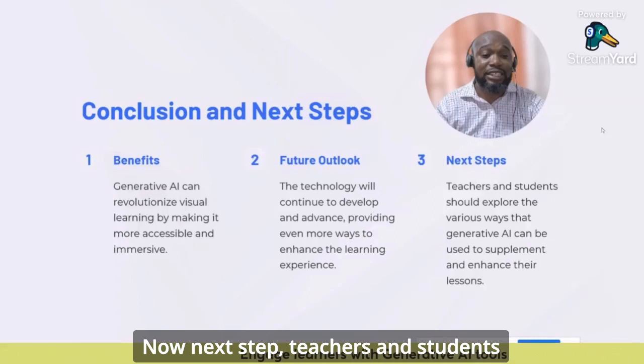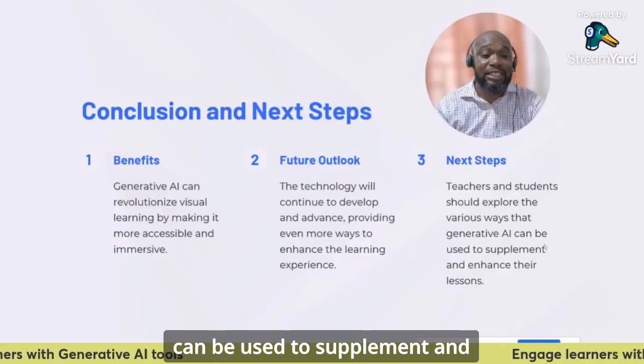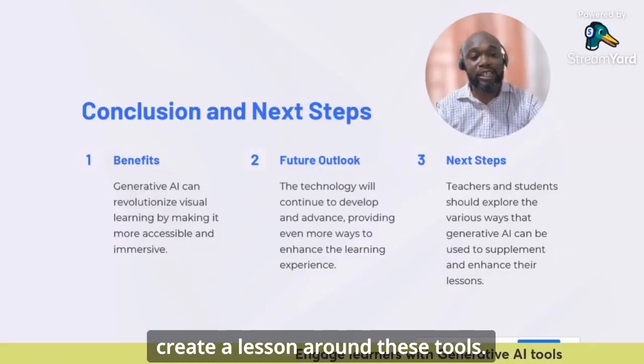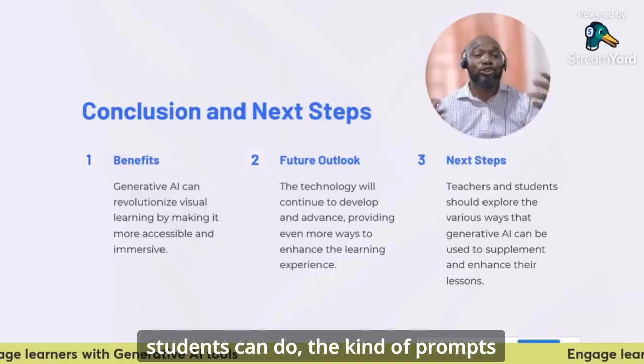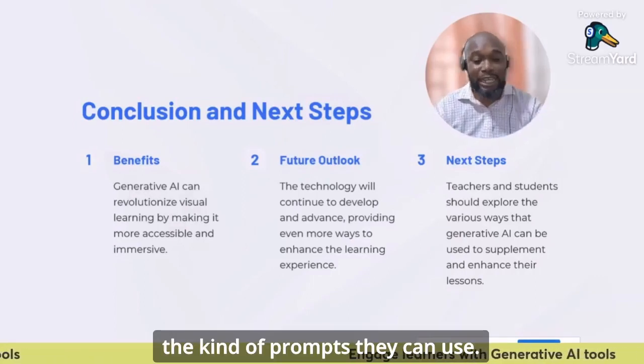Next step: teachers and students should explore the various ways that generative AI can be used to supplement and enhance their lessons. Like I told you, you can actually create a lesson around these tools, and it will blow your mind what your students can do, the kind of prompts they can generate, the kind of prompts they can use.